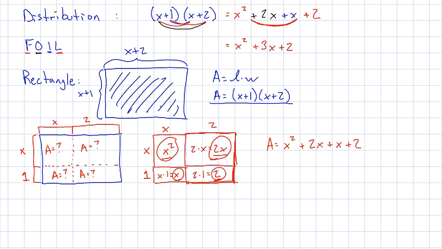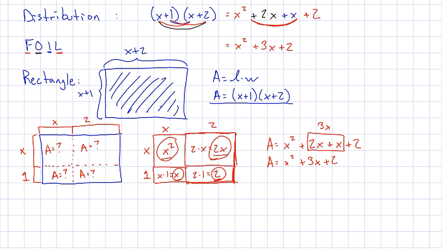This is starting to look familiar, right? Because it's what we did above. I can combine these two terms into 3x as they are equal to 3x. And I have the area is equal to x squared plus 3x plus 2.